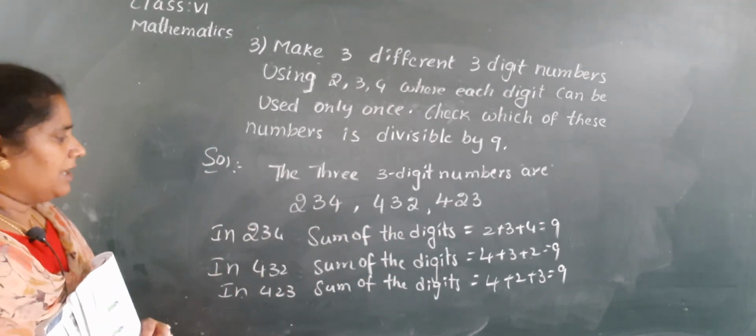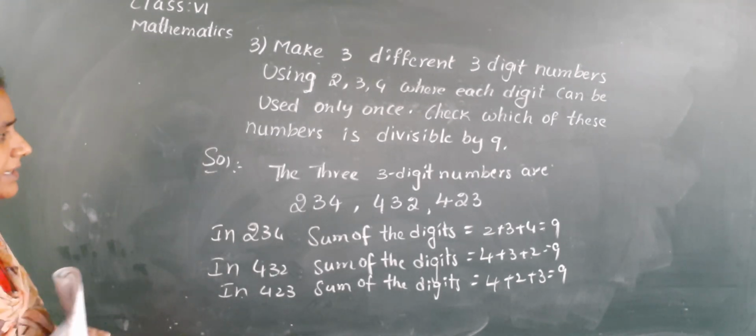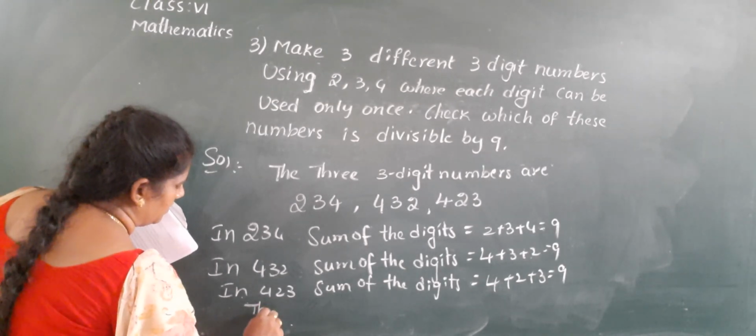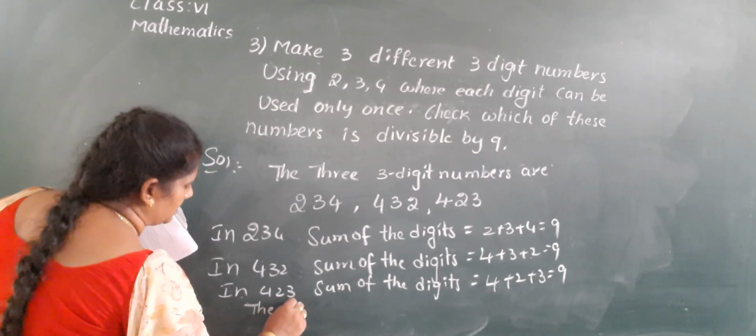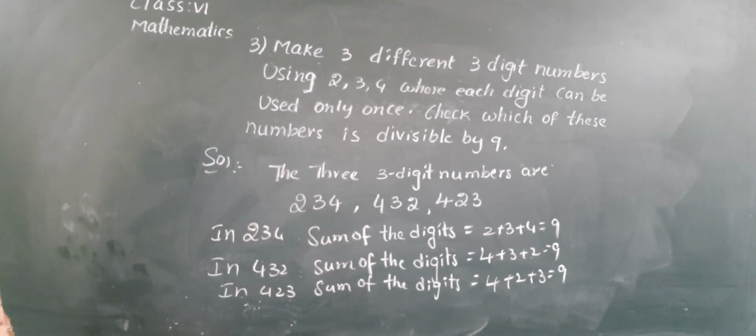Okay, ma? So, what conclusion do we write? The sum of the digits of the 3 numbers is divisible by 9. So, I will write upside, Nana. You can't see the board.